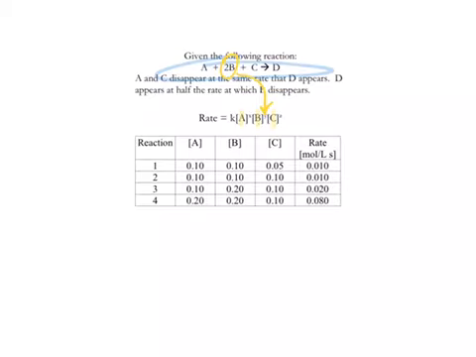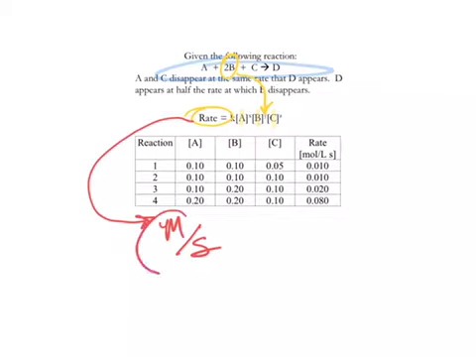Doesn't work. So when you look at this value of rate, here's what's important about rate: it is always molarity per second. It could be micromolarity per second, or molarity per hour, but generally 99% of the time, it's going to be molarity per second.